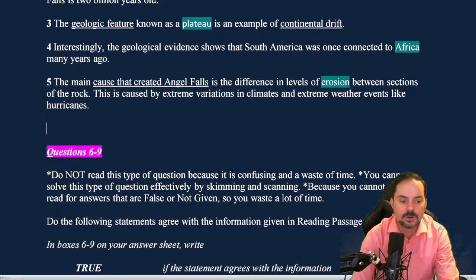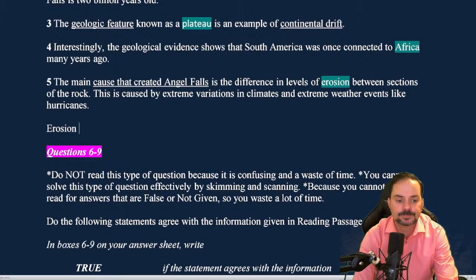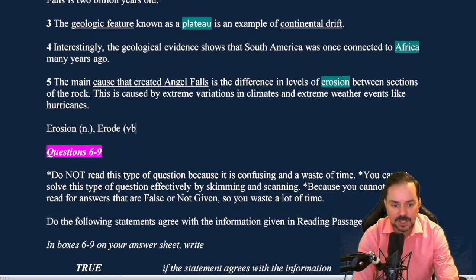Okay, so erosion, the noun of this word, learn it, and the verb is erode. Okay, hopefully you're repeating me when I'm saying these. So you're saying erosion, erode. So here's the vocabulary. Okay, it means to wear down.